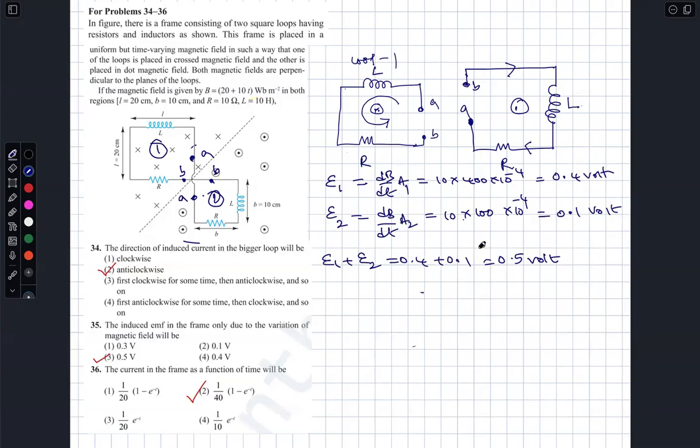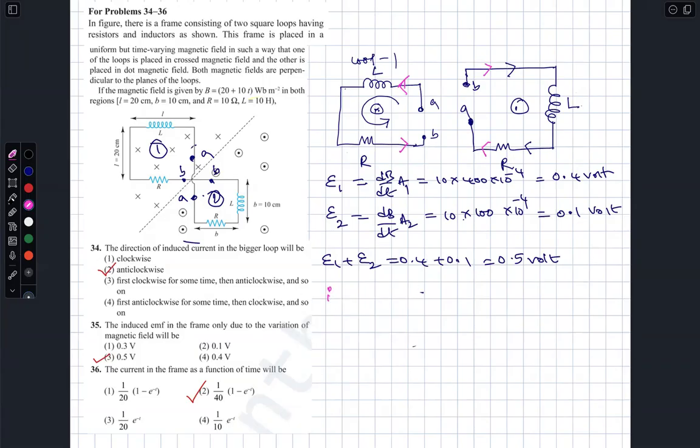Right. Remember, if a current starts from here, and the same current is reaching back A, so they are added up. Now, what is the current as a function?